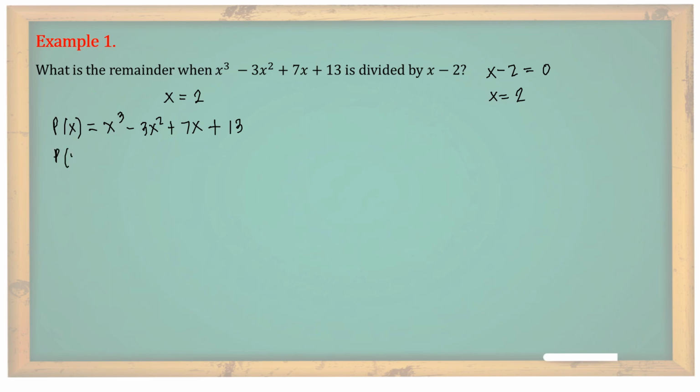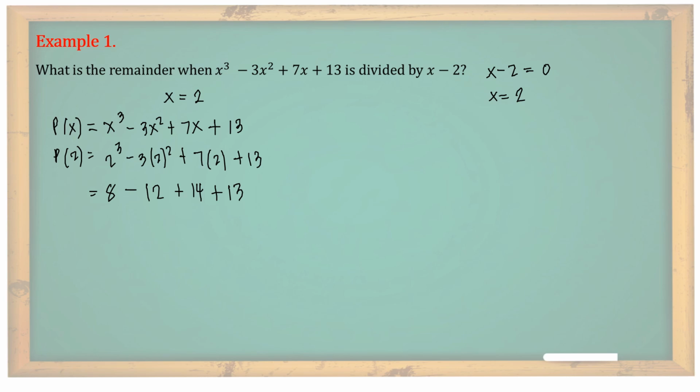So, p of 2 is equal to 2 cubed minus 3 times 2 squared plus 7 times 2 plus 13. Okay, simplify it further. So, 2 cubed is equal to 8 minus 2 squared is equal to 4 times 3, which is 12. Then, plus 14 plus 13.